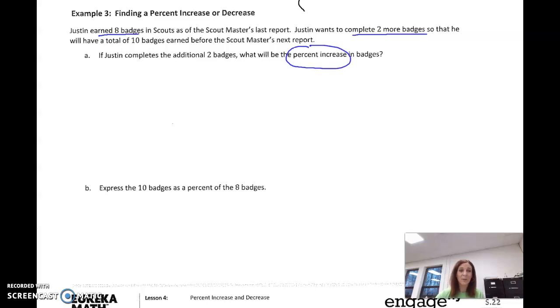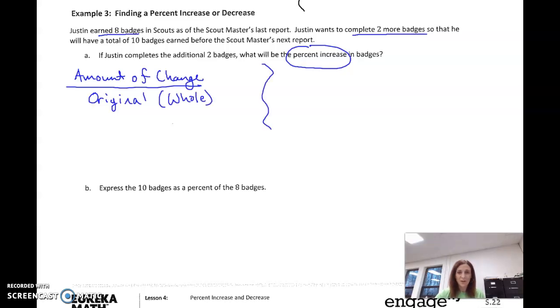All right, so again, I want to show you 2 different ways to do it. If we do amount of change over our original, now, our original, that's the whole, right?